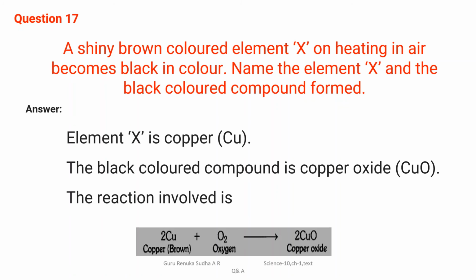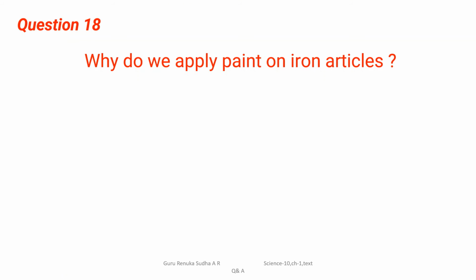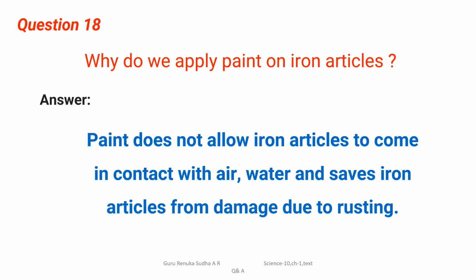Now let us discuss question number 18. In that they are asking, why do we apply paint on iron articles? Yes, the same question they can also ask like this: how do you protect iron or metal articles from rusting? Let us see the answer that I have written here.